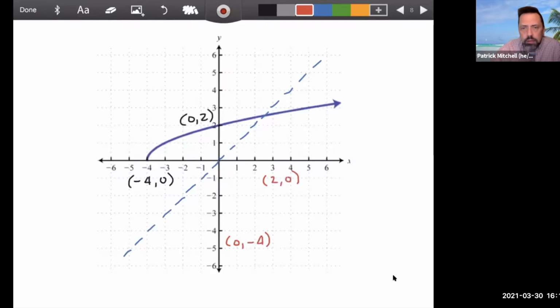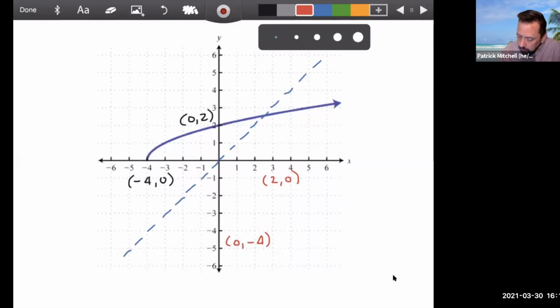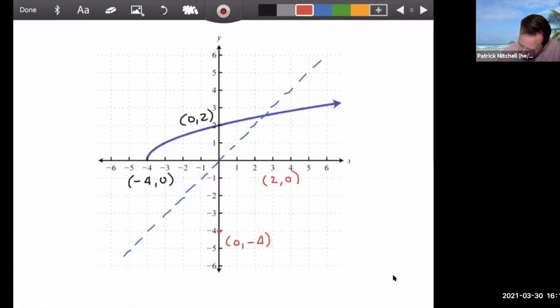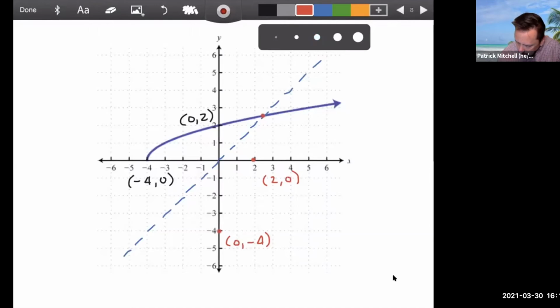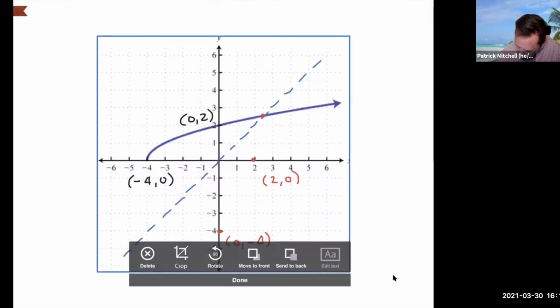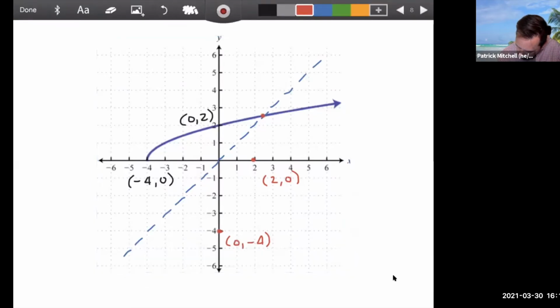All right, and then there's one other thing I'll point out. Whenever the original graph crosses the line y equals x, that means that the inverse function is also going to cross there. So that gives me 3 points that are on the graph of the inverse. So when I go to draw this graph, it's going to look something like, whoops, darn it. It's going to look something like this.